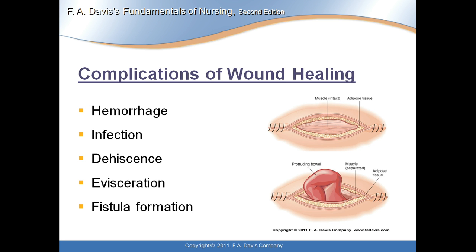So complications of wound healing: we have hemorrhage, infection, dehiscence, which is an example of the top picture, evisceration, and fistula formation. Fistula formation is the second picture. That's not uncommon with abdominal surgeries, especially with heavier people, where the sutures aren't able to keep that incision together, and then as it busts open, things fall out.